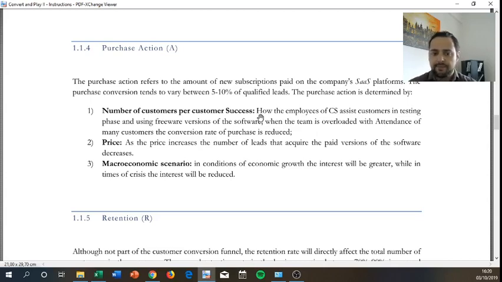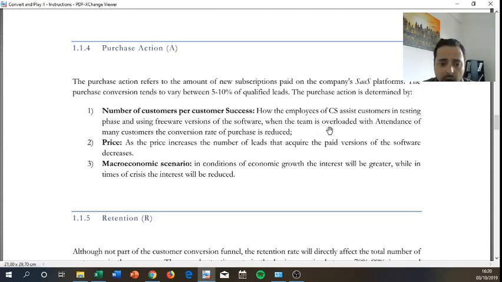If they really learn and see how they can achieve success using that software, then the number of qualified leads starting to use the paid version of your software will increase very fast. If you have one customer success taking care of too many customers, it'll be very hard to convert new customers.